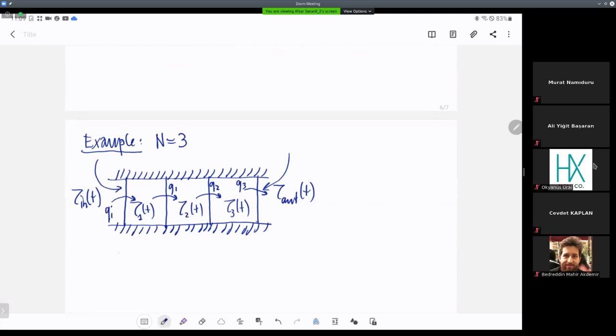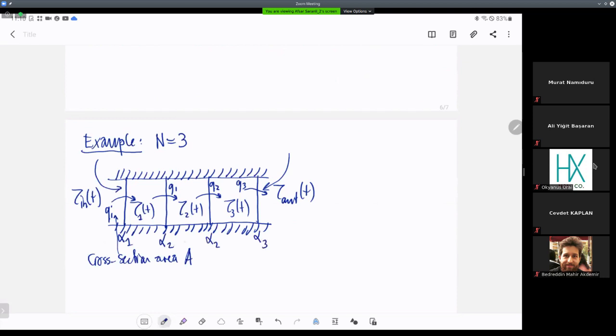Again we have cross-sectional area A, and also I have heat transfer coefficients alpha 1, alpha 2, alpha 2, alpha 3.